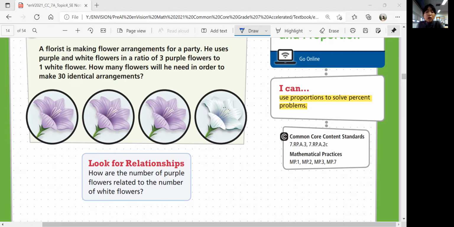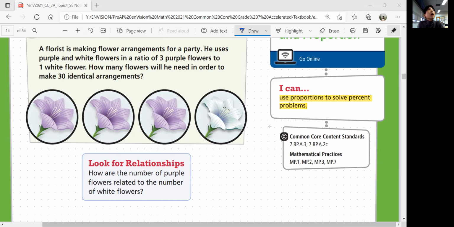So let's write a proportion to represent this proportional relationship. 1 out of 4 flowers would be white, or you could do 3 out of 4 would be purple. So think about how many flowers he will need in order to make 30 identical arrangements.